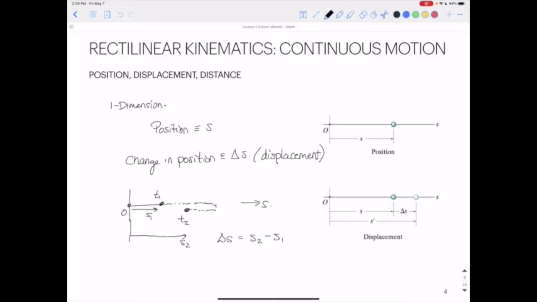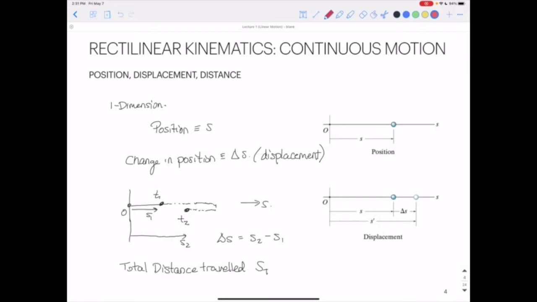But in this case, because the particle moved forward and then turned around and started coming back, its total distance traveled, which we'll call S with a subscript T, is actually greater than our displacement. And in this case, let's just highlight that in red.